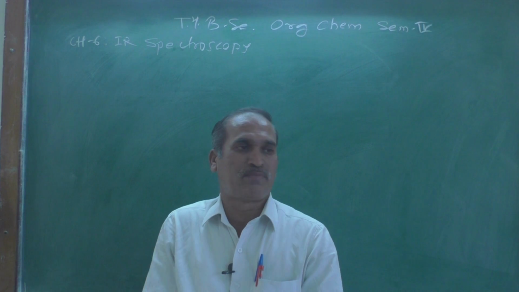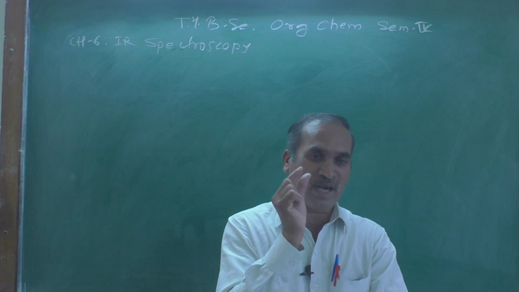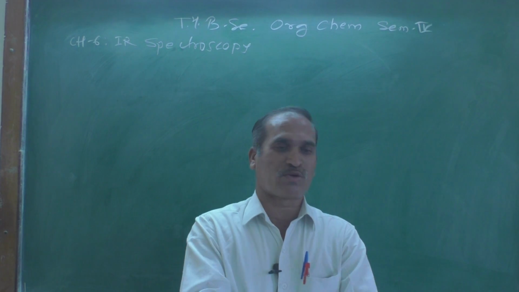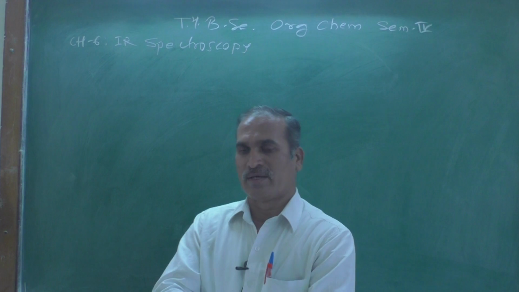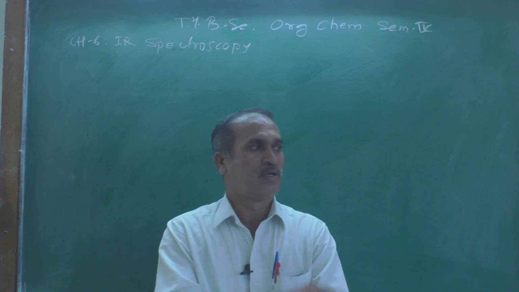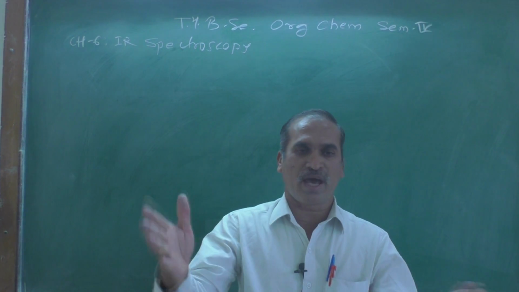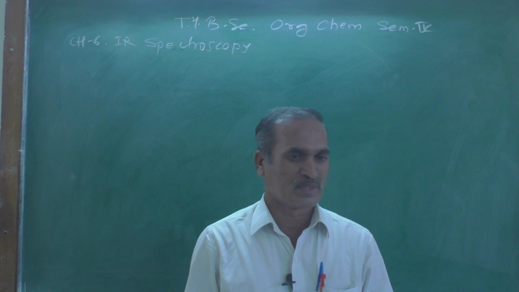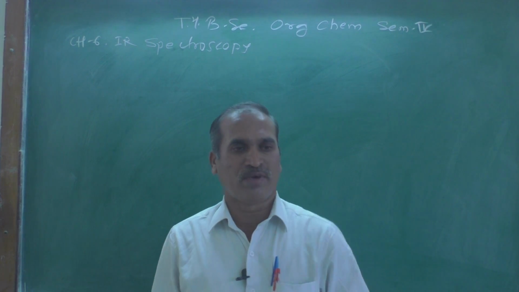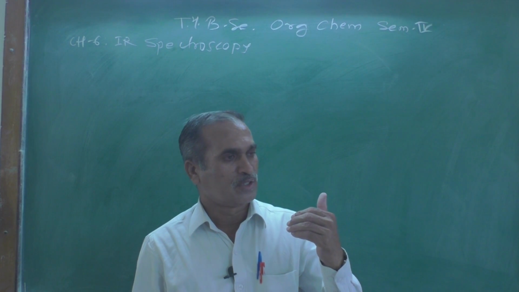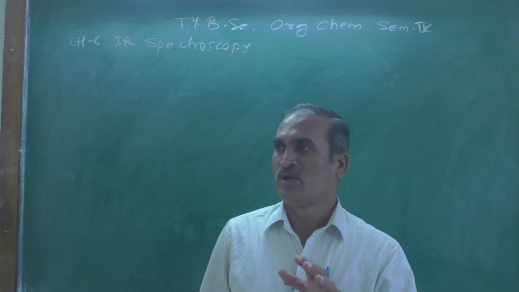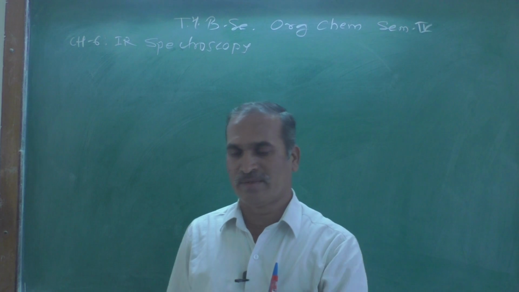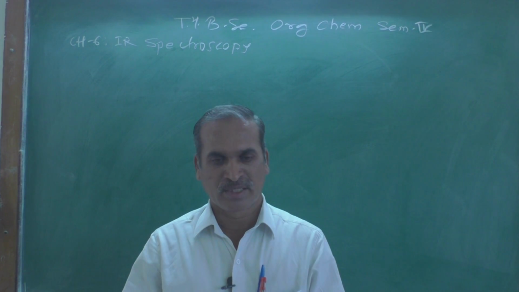That specific site is known as a functional group, and IR spectroscopy provides us information about the functional group. There are a number of different functional groups, and therefore spectroscopy helps us determine what kind of functional group is actually present in the unknown organic compound.